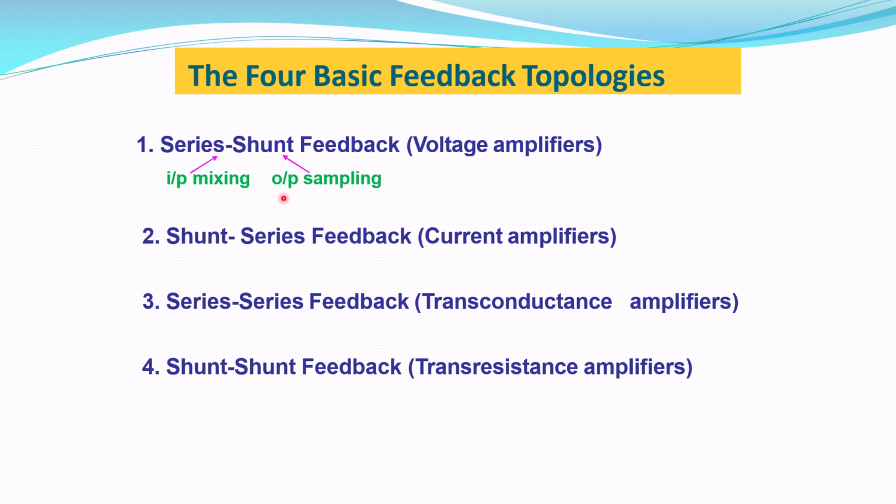So these are the main four feedback topologies of the feedback amplifier circuit. The series-shunt feedback amplifier is called the voltage amplifier, and the current amplifier is nothing but the shunt-series feedback amplifier. The transconductance amplifier is nothing but the series feedback amplifier, and transresistance is nothing but the shunt feedback amplifier.